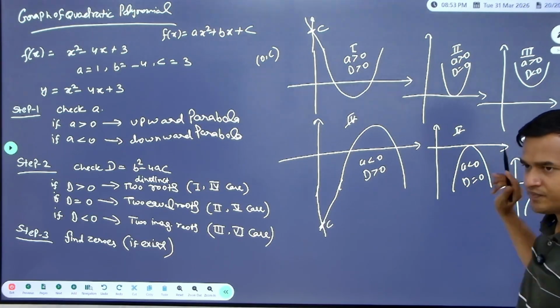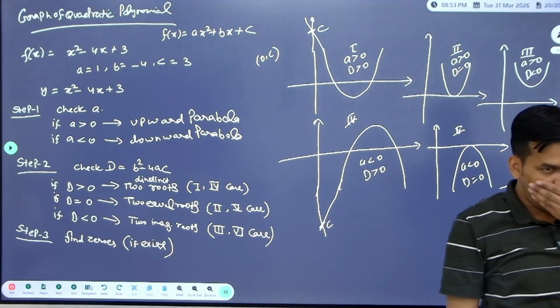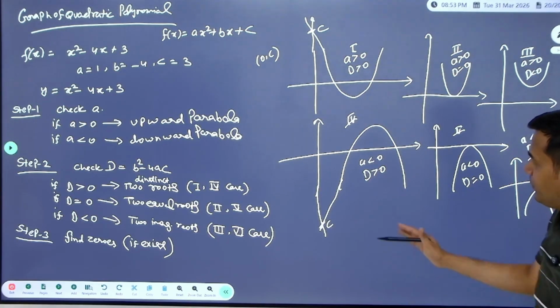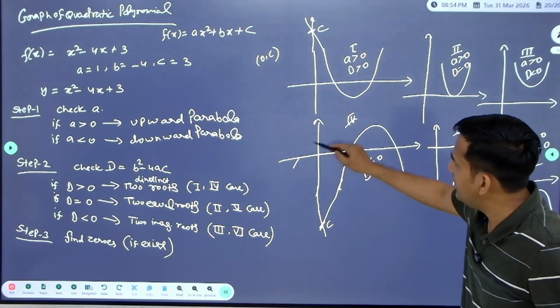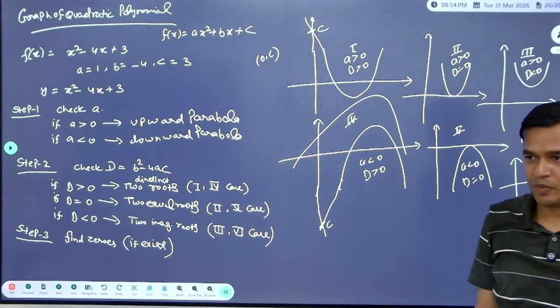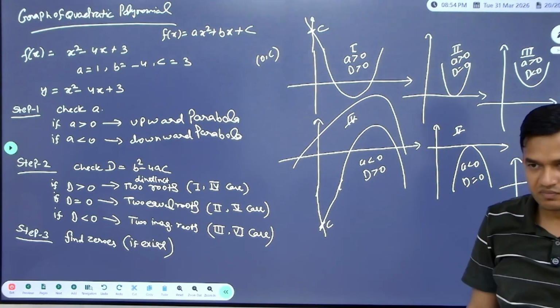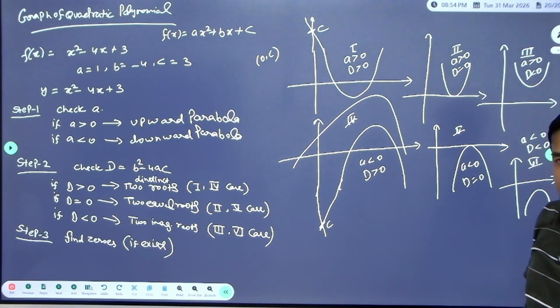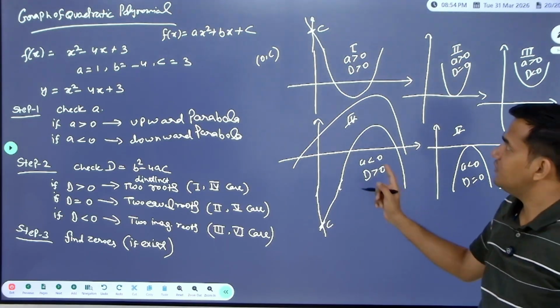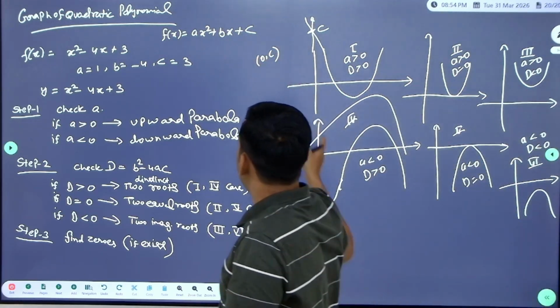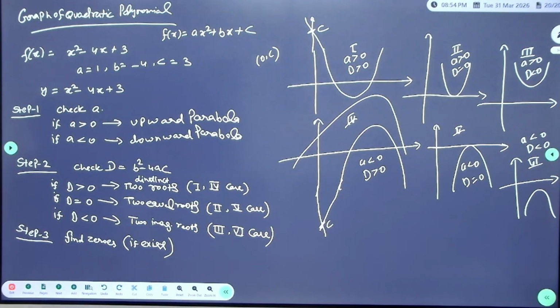In these cases, c may be positive also. Suppose ऐसे हो गया. In that case, c will be positive. So you can find the point at which the graph is intersecting y-axis.